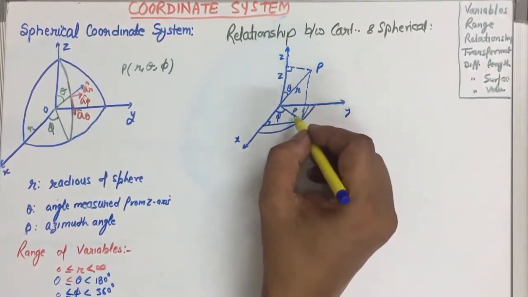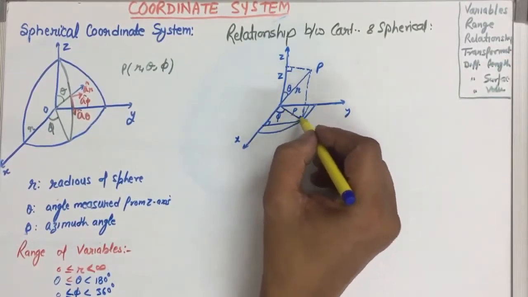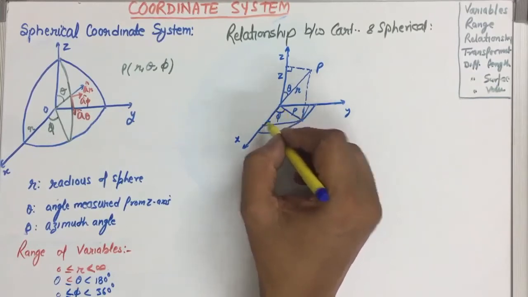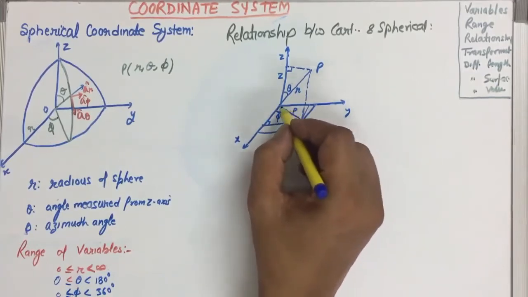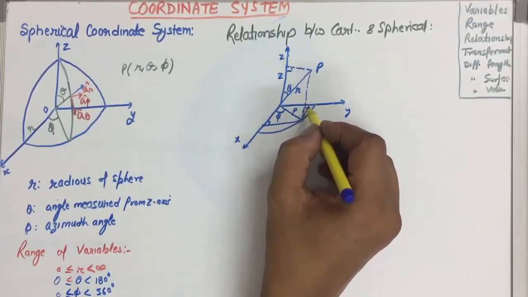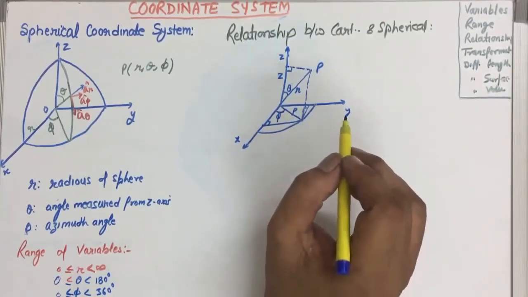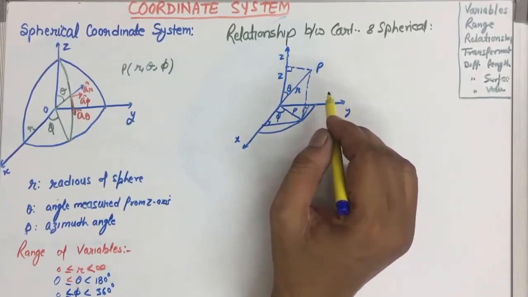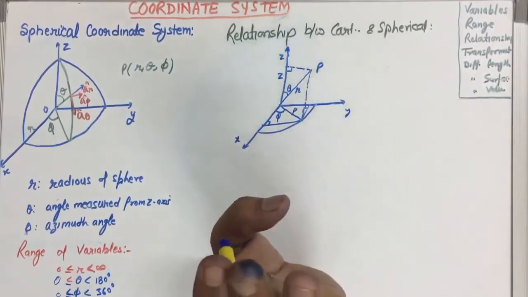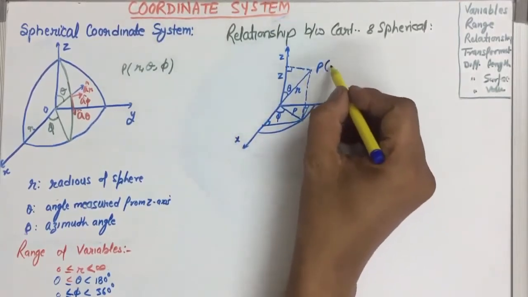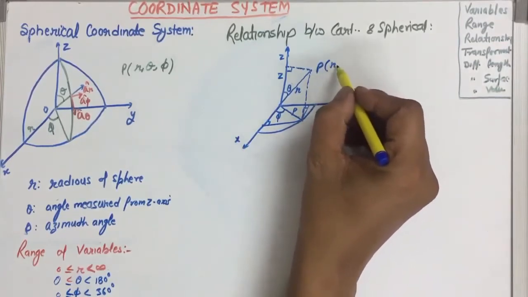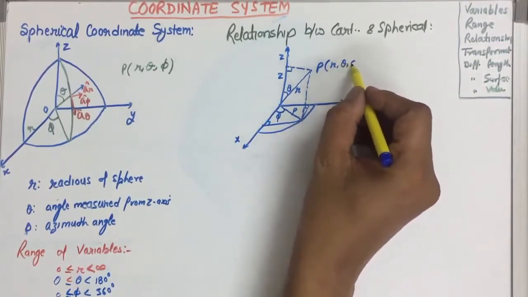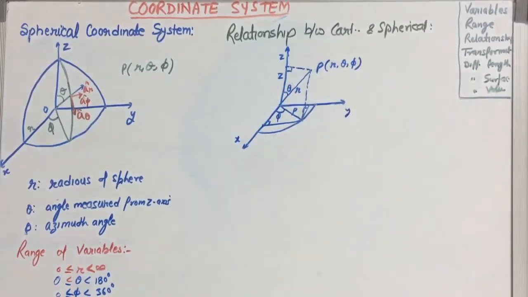It is 90 degrees. The projection of this on the x-axis and the projection on this axis will be this one. So in spherical, now this is the situation: the coordinates of P in the spherical coordinate system are r, theta, phi. Now our interest is to find r, theta, phi in terms of x, y and z.